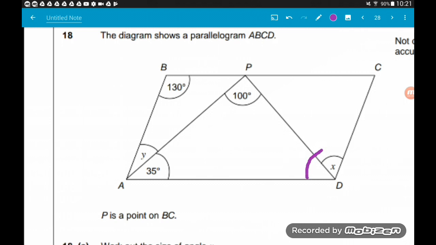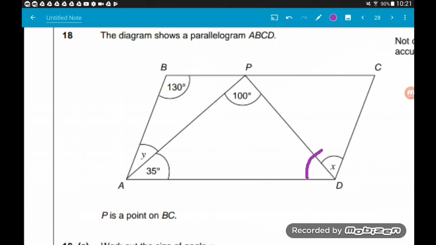in which we know two of the three angles. So we've got an angle of 100 and an angle of 35. If we add these two together, we get 135.